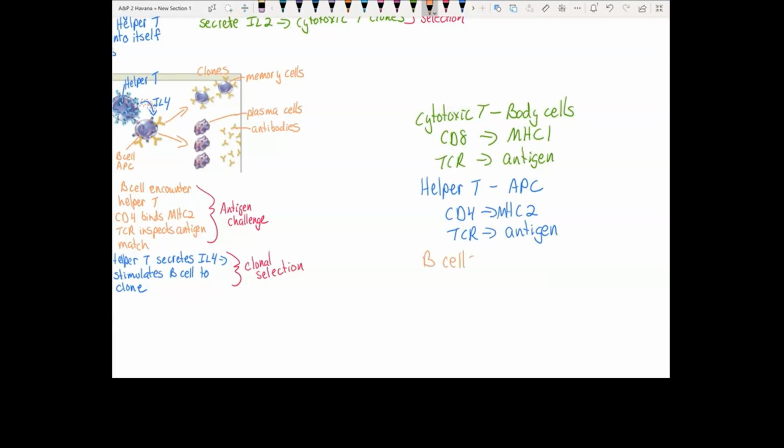B cells will engulf the pathogen if the BCR matches the pathogen antigen. So a B cell can't just engulf any pathogen. It has to be the B cell whose BCR matches the pathogen antigen that engulfs it.